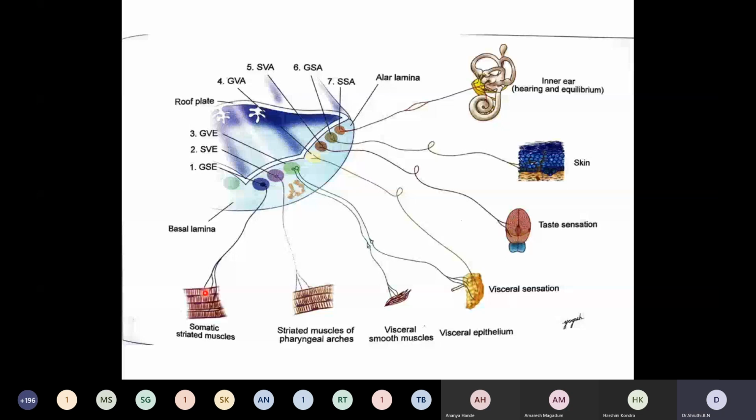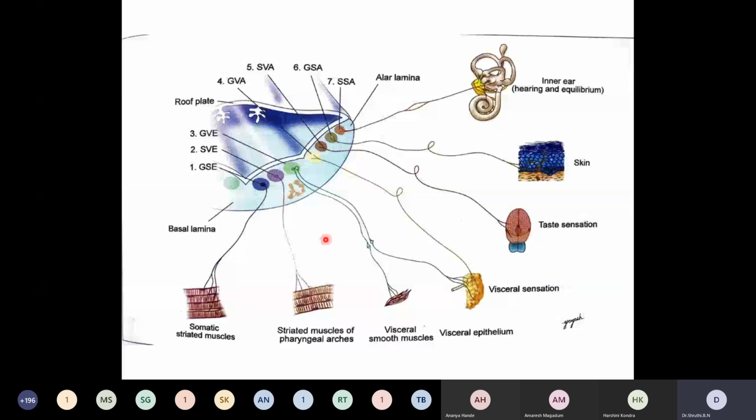Then what is the function of the nerve fibers which arise from the special visceral efferent column? That supplies the striated muscles of the head which are derived from the pharyngeal arches. Then we are left with the muscles which are derived from the pharyngeal arches; that will be taken over by the special visceral efferent column.